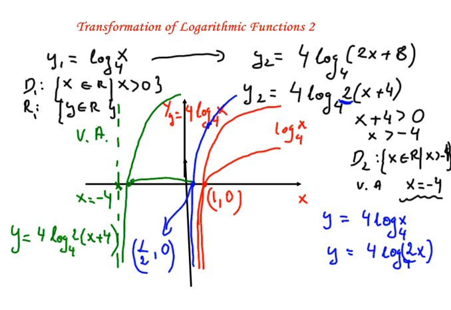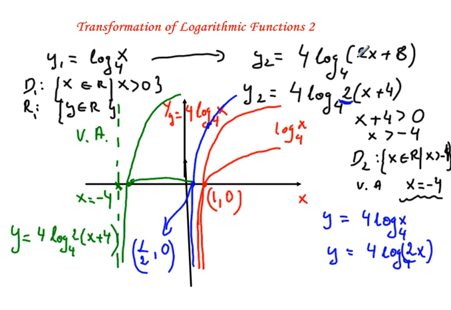So this completes the exercise, and going back to the beginning, first we start with the parent function and define the domain. For any base greater than 1, the domain remains always positive. When we change the parent function into a new function, whatever expression you can see inside of a logarithm has to be greater than 0.